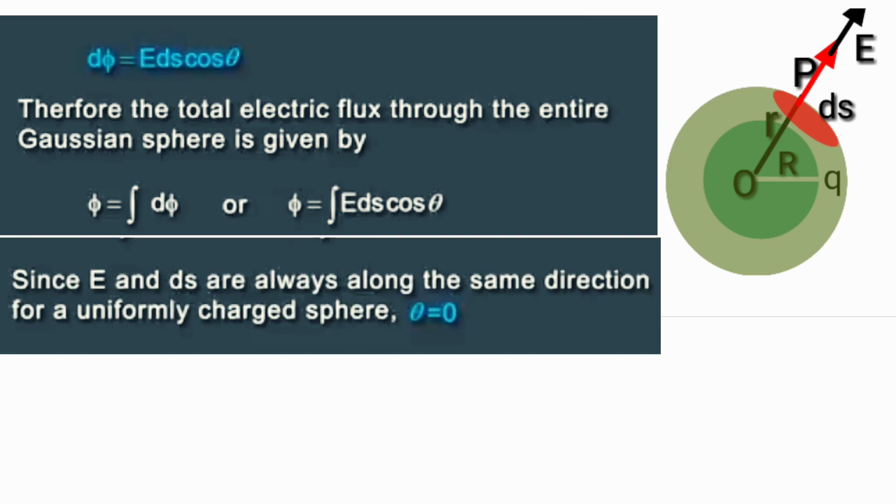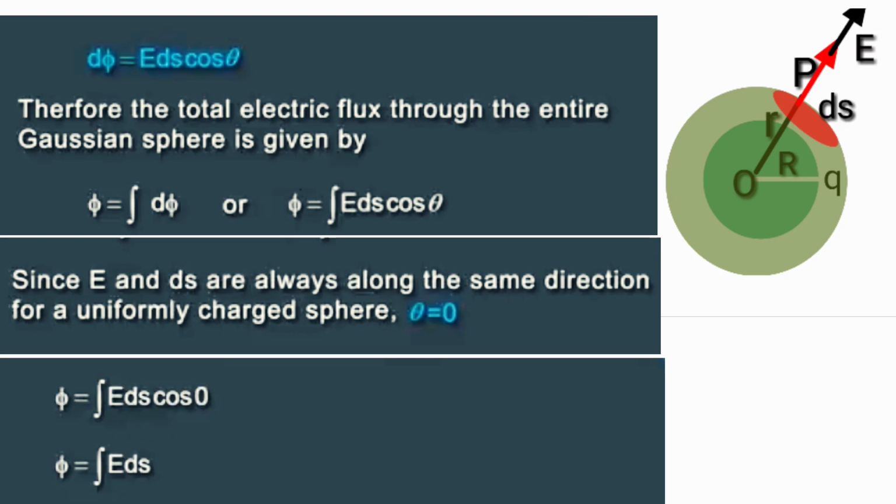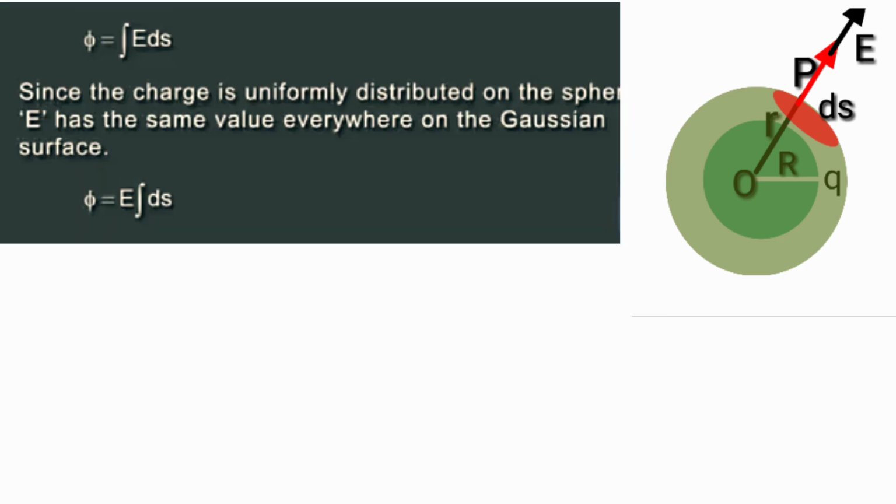Since E and dS are always in the same direction for a uniformly charged sphere, theta is 0. So Φ equals integral of E dS cos 0, but we know cos 0 is equal to 1. So Φ is equal to the integral of E dS. Since the charge is uniformly distributed on the sphere, E has the same value everywhere on the Gaussian surface.